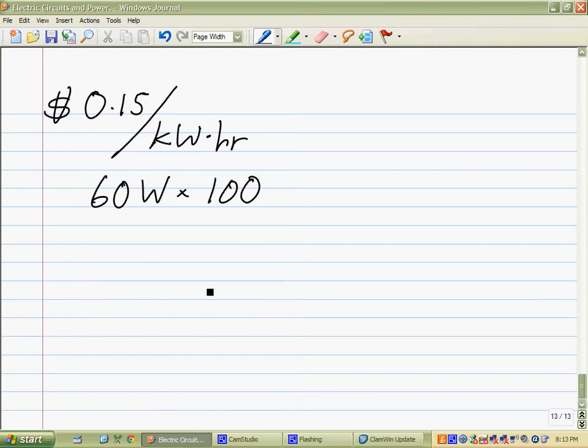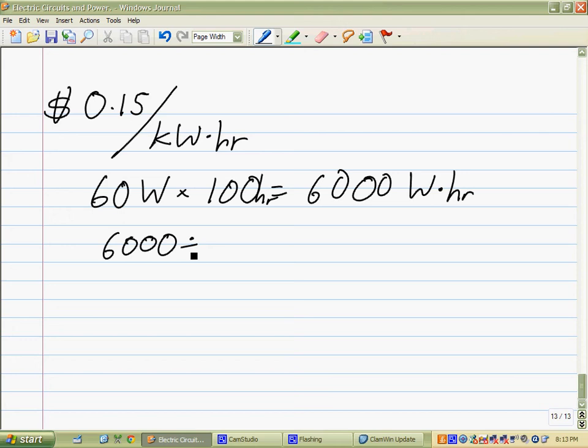Well, that means I'm going to use 60 times 100, so throw on 2 more zeros, that's 6,000 watt hours. But I want it in kilowatt hours. So to go from watts to kilowatts, I'm just going to divide it by 1,000. So 6,000 divided by 1,000 is 6 kilowatt hours. And 6 kilowatt hours at 15 cents a kilowatt hour.